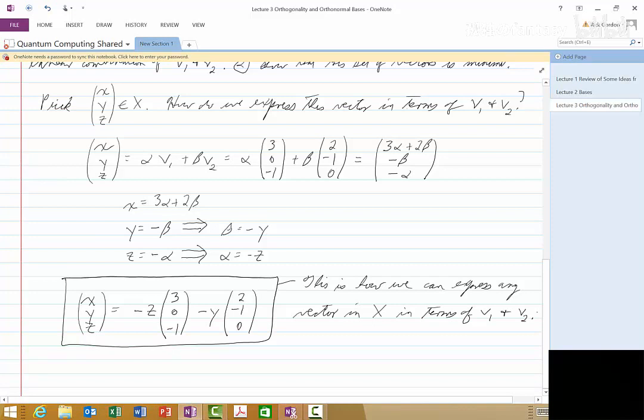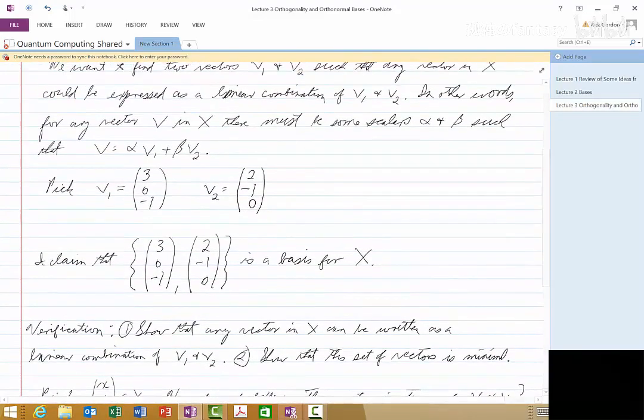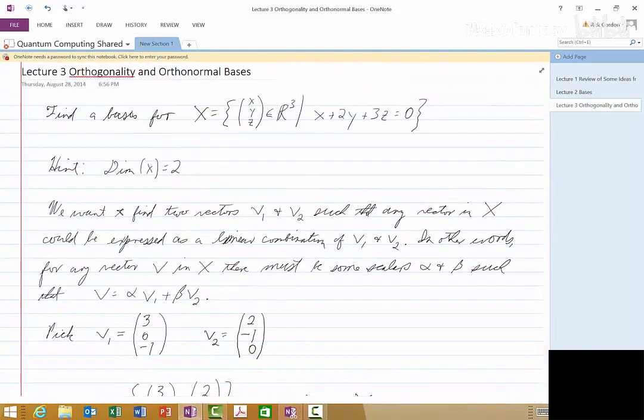Now that may seem like magic to you. Notice that we didn't think about the x component there at all, but it will surely work out. Let me show you what I mean. Let's look again at this equation. Remember that the set X is all vectors such that the x component plus 2 times the y component plus 3 times the z component is 0.